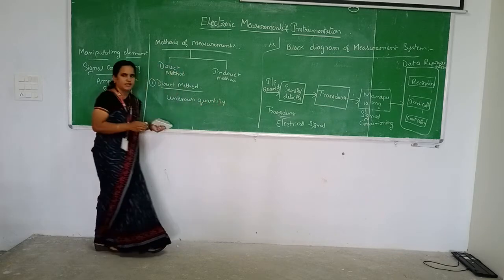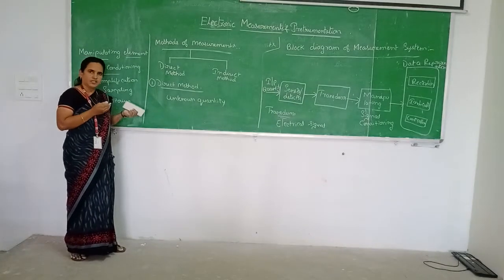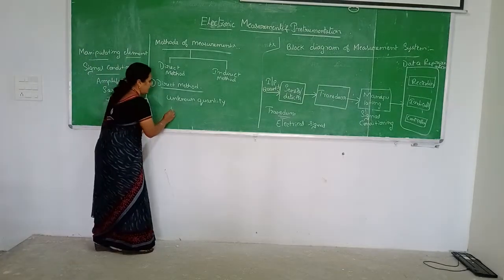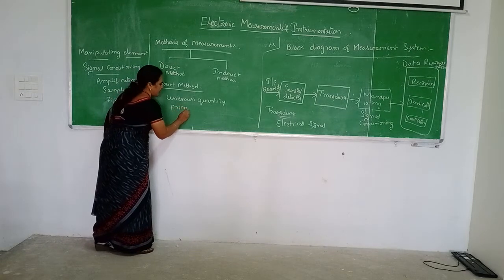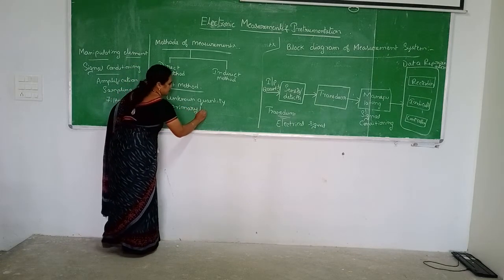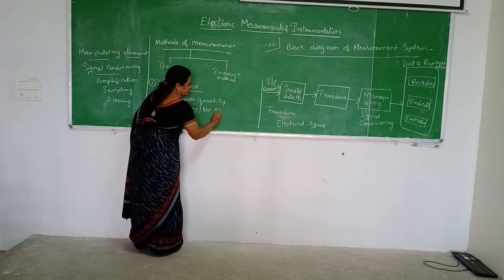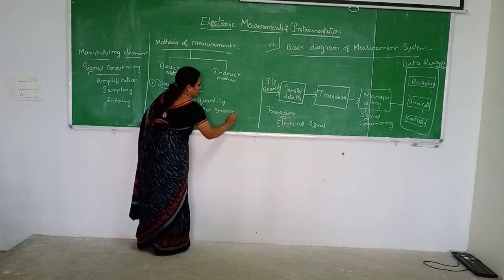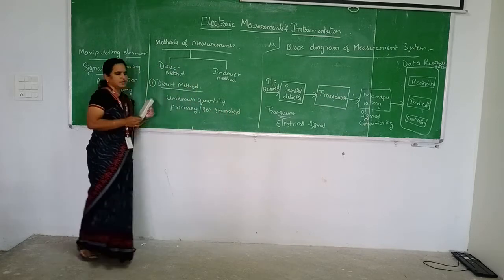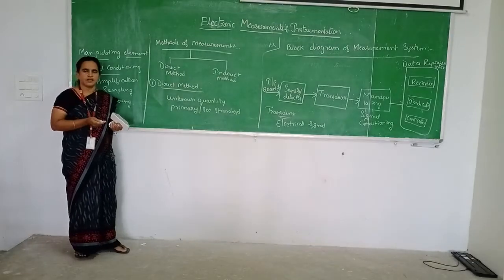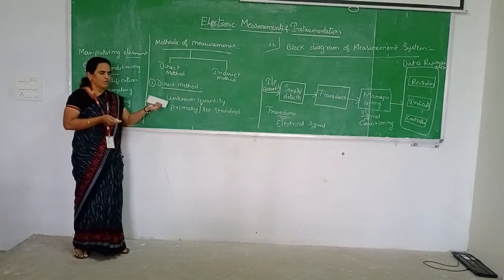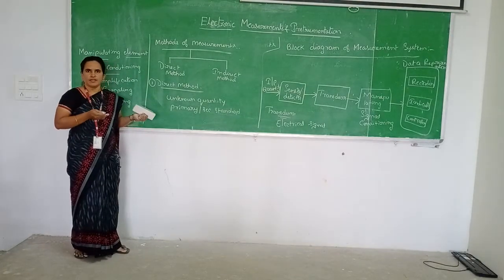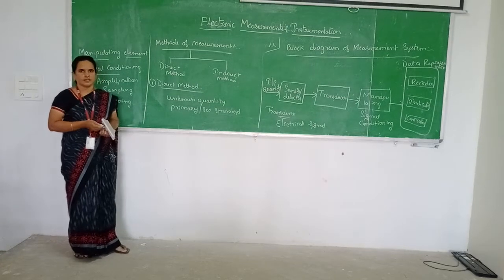In the direct method, we measure the unknown quantity directly by comparing it with the primary or secondary standard. In direct method of measurement, we can compare the unknown quantity directly with the primary or secondary standard.